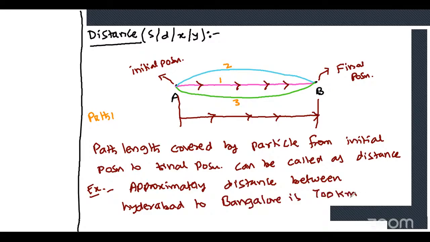So that means here Hyderabad is my initial position and Bangalore is my final position. So distance is the path length covered by the particle from initial position to final position.